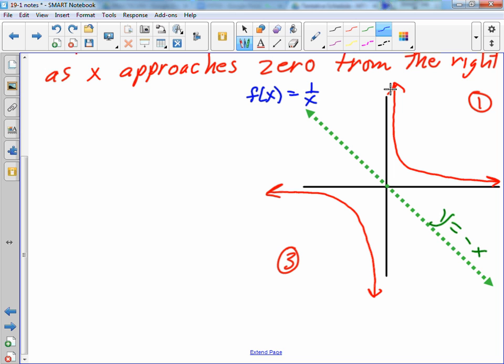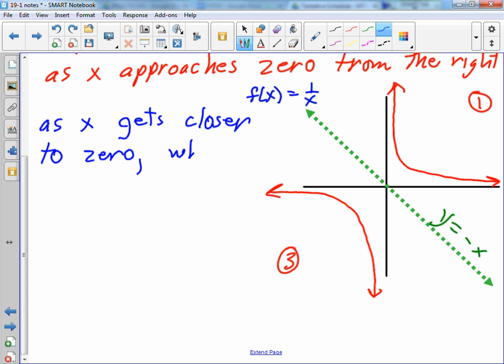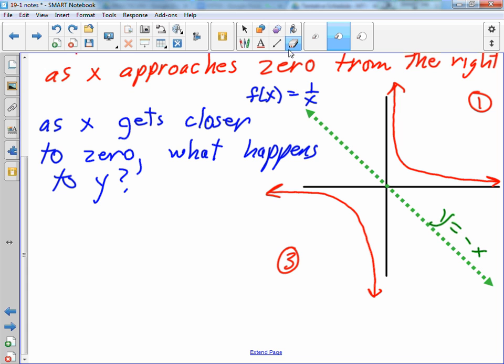Really, that's what we're saying with that notation. As x gets closer and closer to 0, what happens to y?